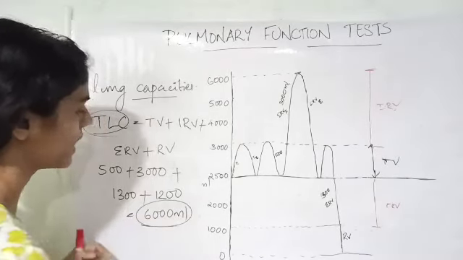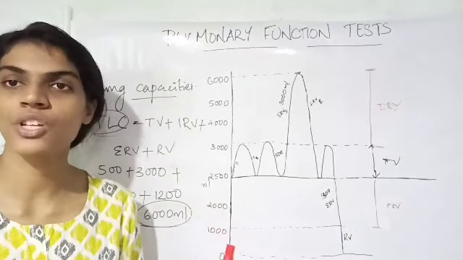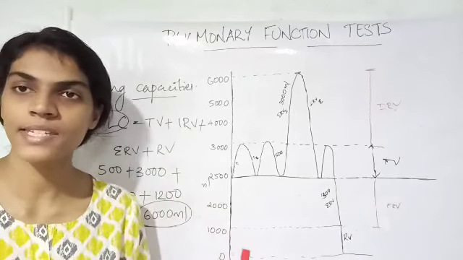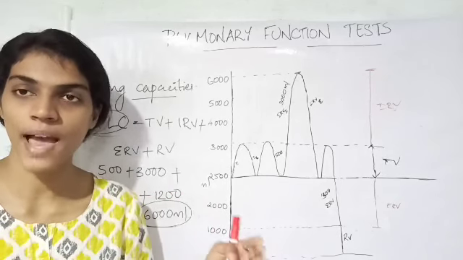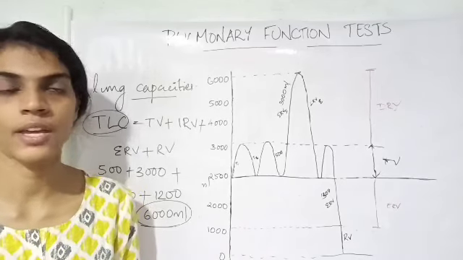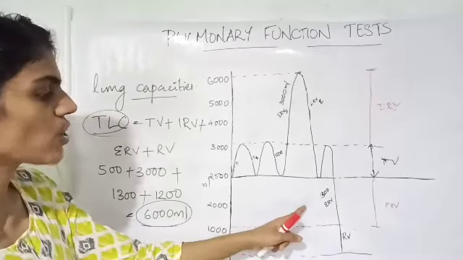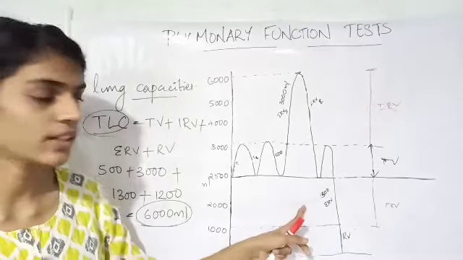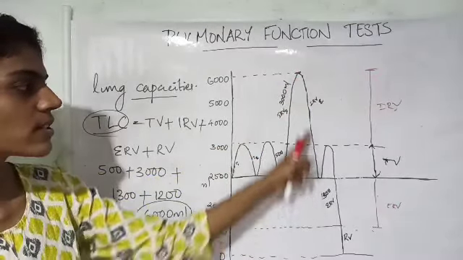That means the lung can hold 6,000 ml. The lung capacity is 6,000 ml; the lung has the capacity to hold a maximum of 6,000 ml. So it includes all the amount of air, whether it is the air in movement.